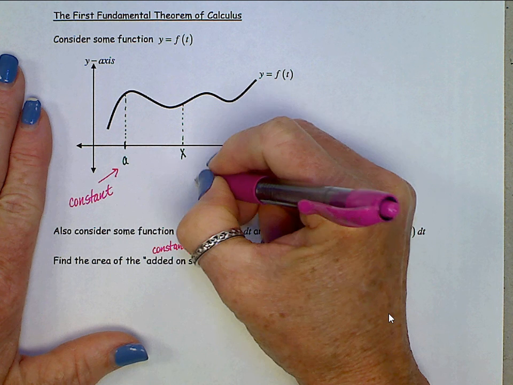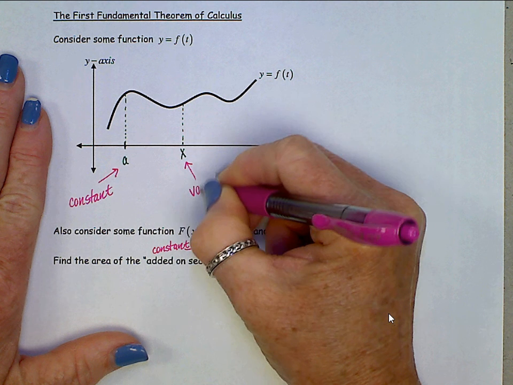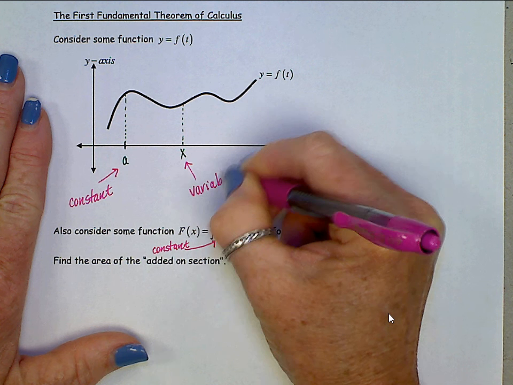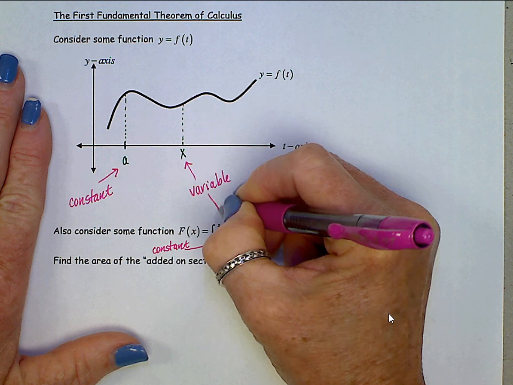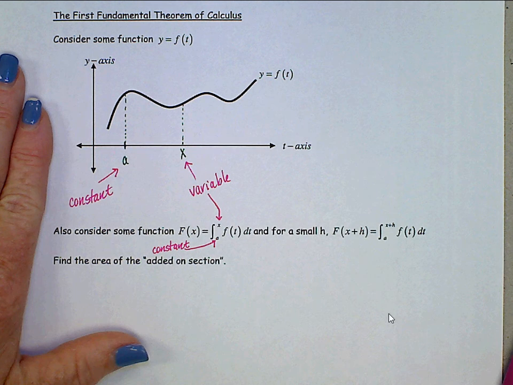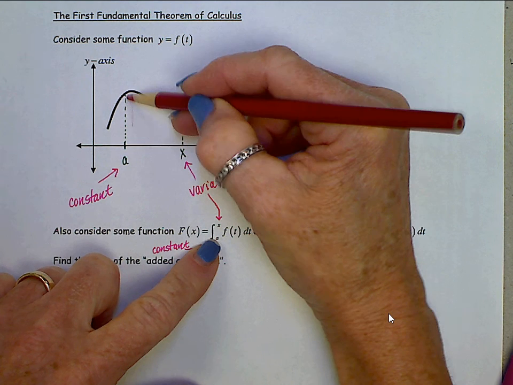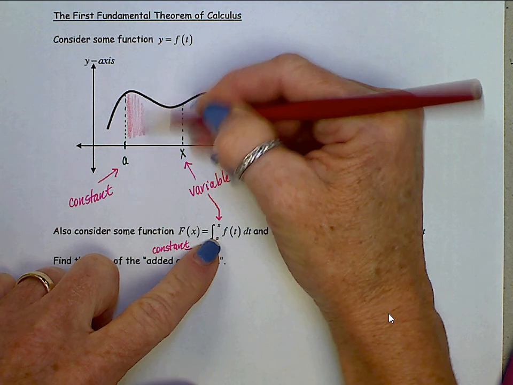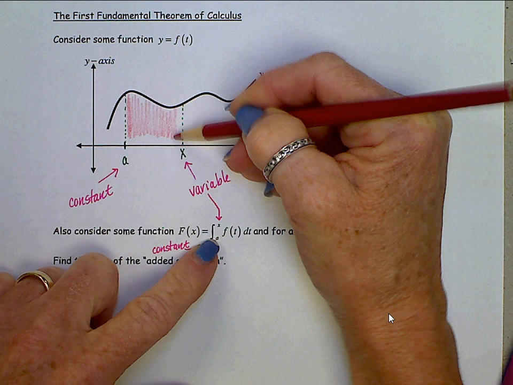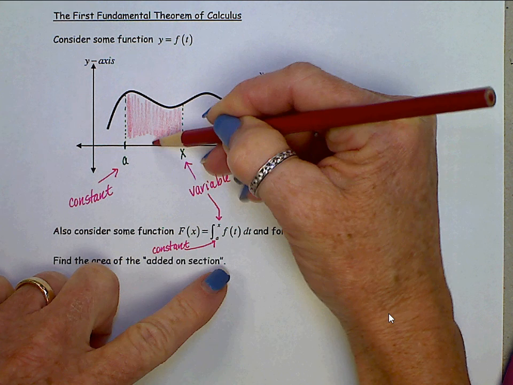This X is variable. And again, uppercase F is talking about this area underneath that f of t curve from a to some x.